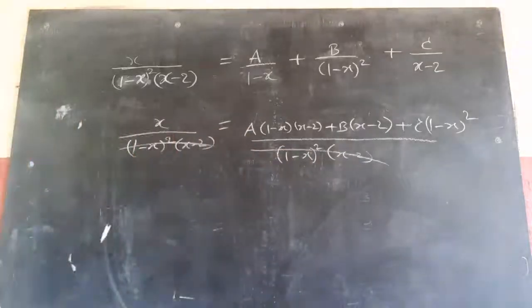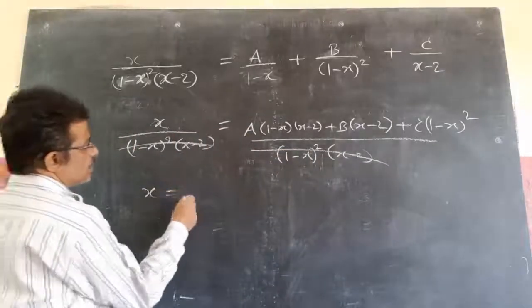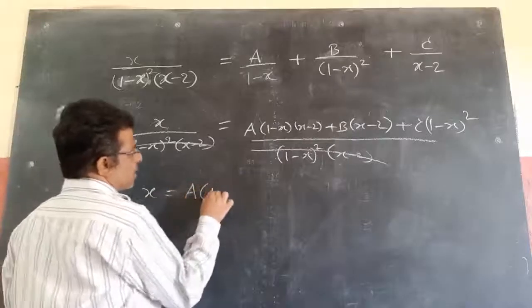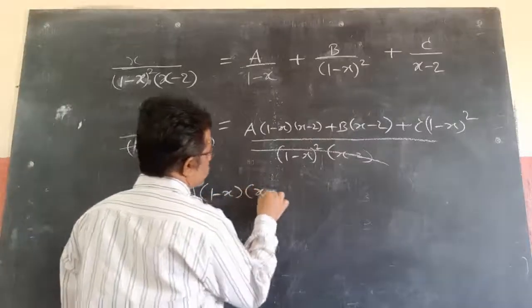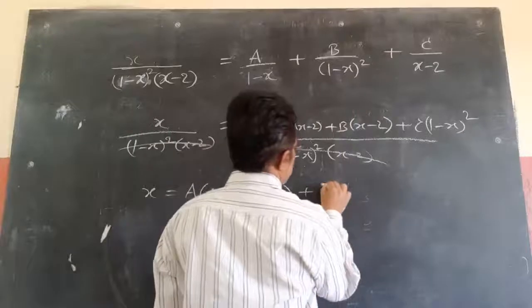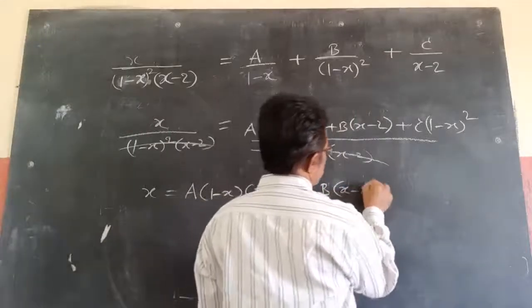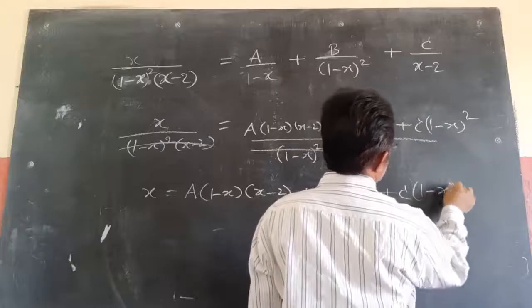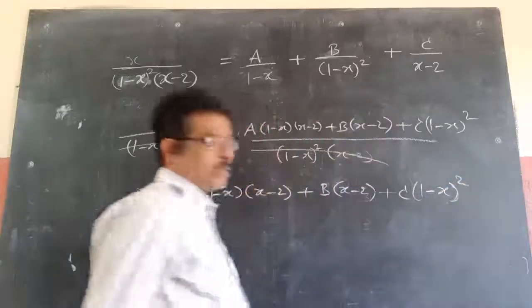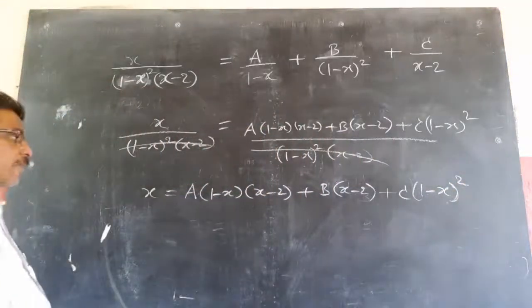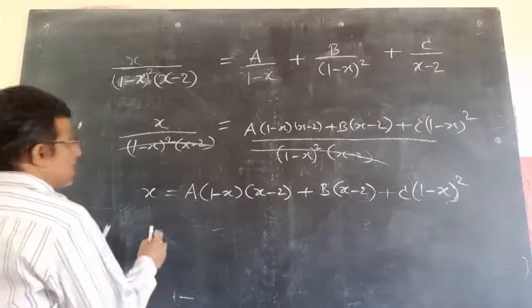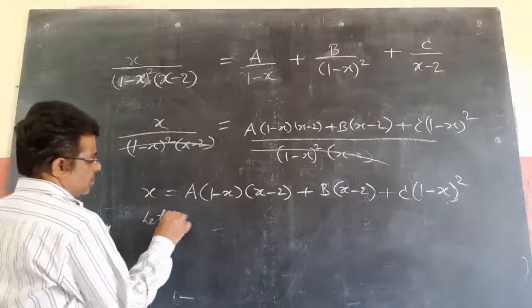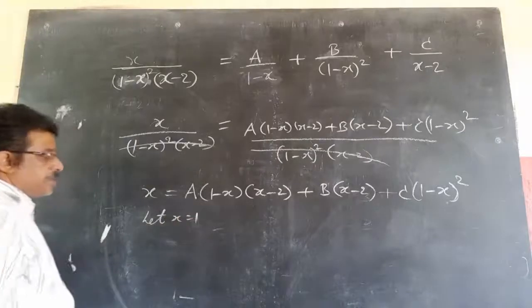So left out is x equal to A into 1 minus x into x minus 2 plus B into x minus 2 plus C into 1 minus x whole square. Now let x equal to 1, it gives me the B value.